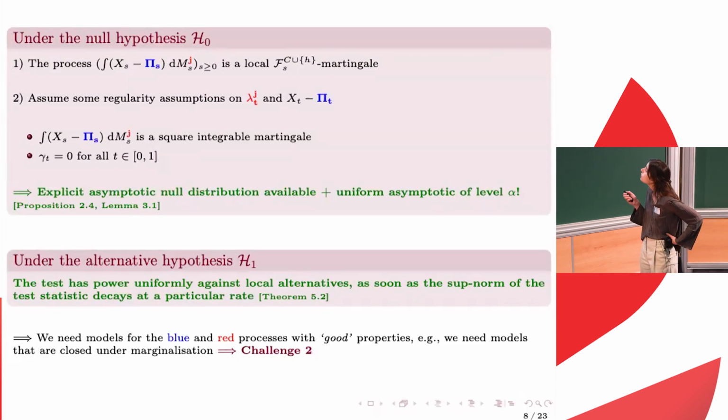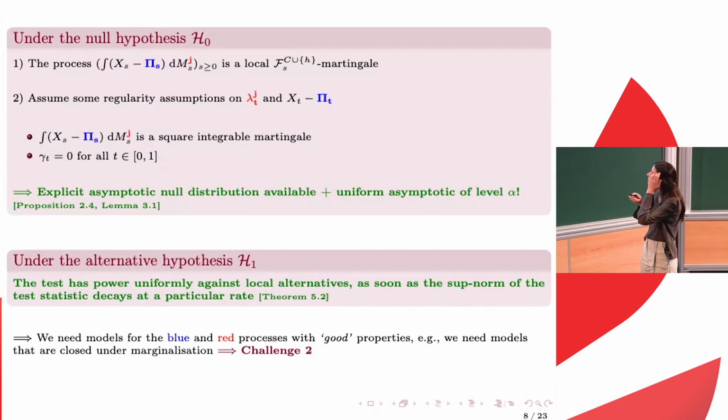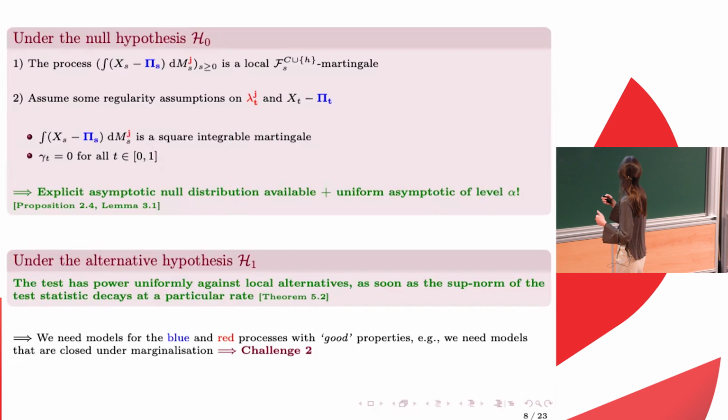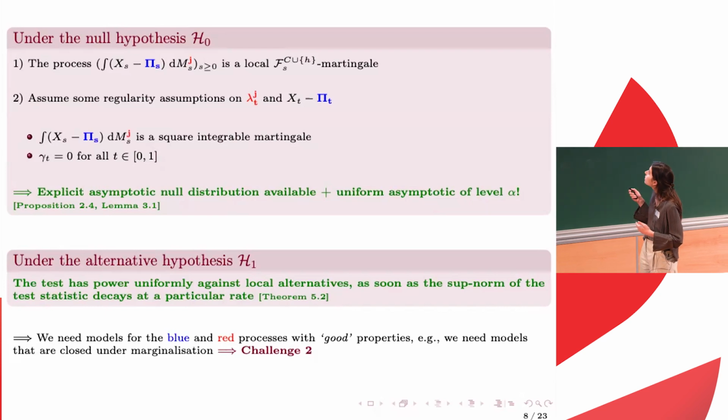Roughly, under the null, because you end up with a martingale process, you can prove an explicit asymptotic null distribution, and also that the test is uniformly asymptotically of level alpha. Under the alternative, they prove that the test has power uniformly against local alternatives as soon as the sup norm of the test statistic decays at a good rate with the sample size.